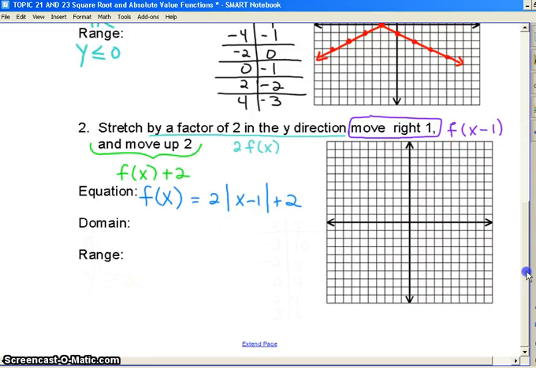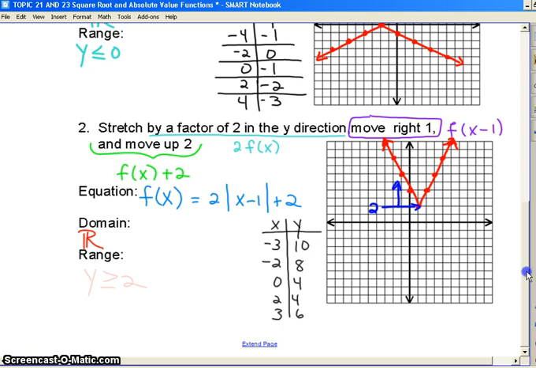To determine the domain and range, let's plot some points and graph it. My domain is going to be all real numbers. And my y value starts right here at positive 2 and goes up. So your range is going to be y greater than or equal to 2.